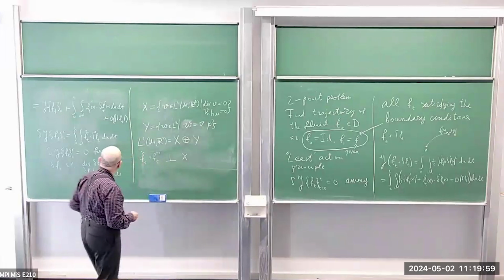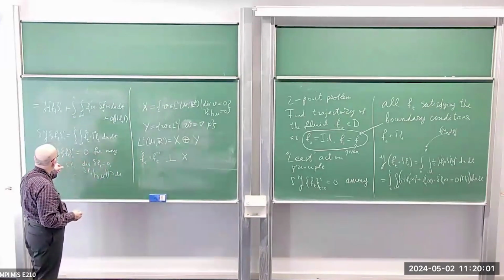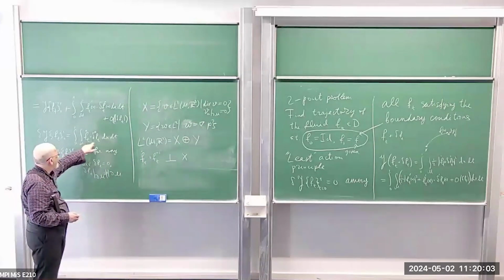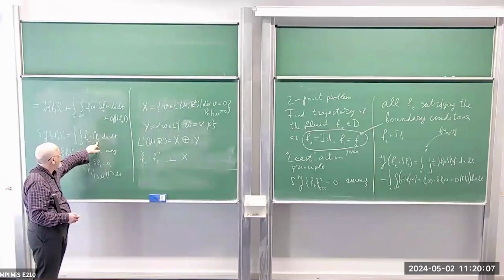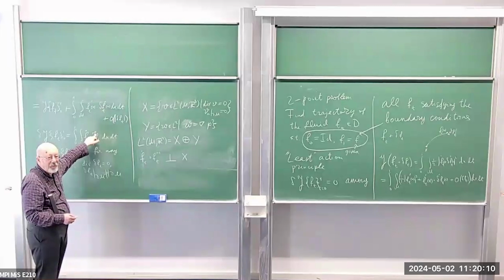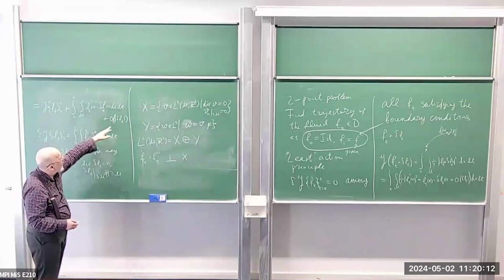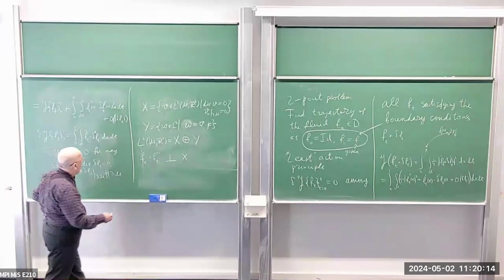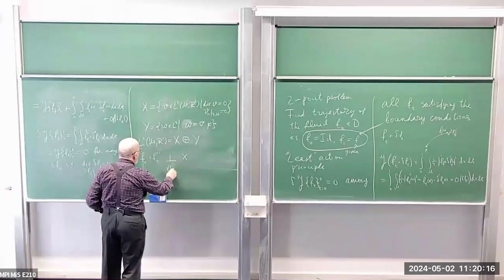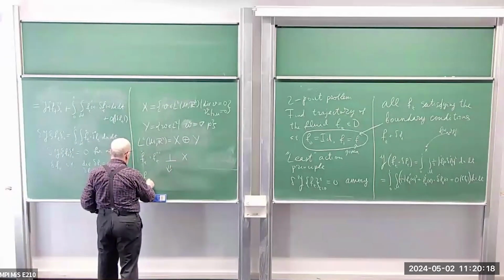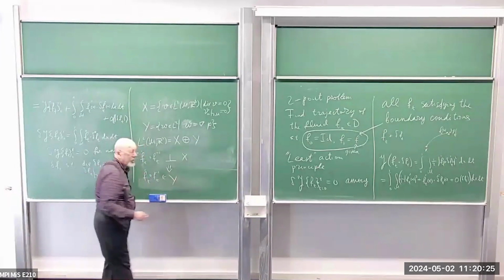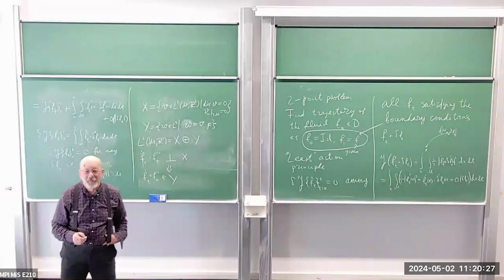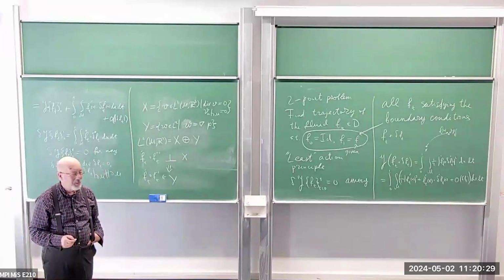Yeah, because this variation is 0. It is what is written here. And delta ft dot is from the space X. Yeah. Hence, ft dot dot belongs to Y. Yeah.